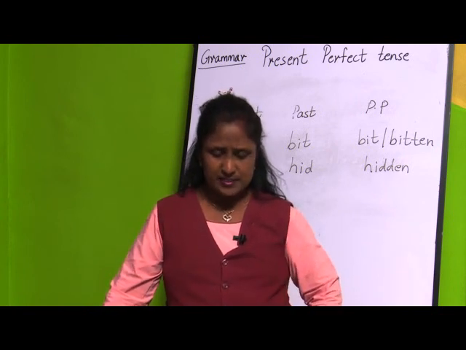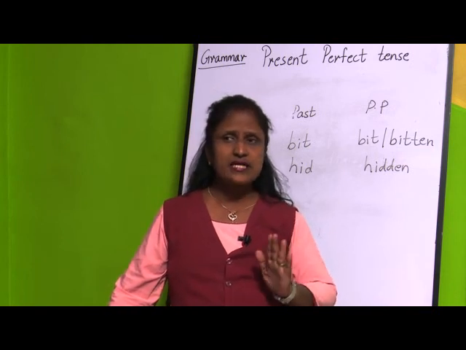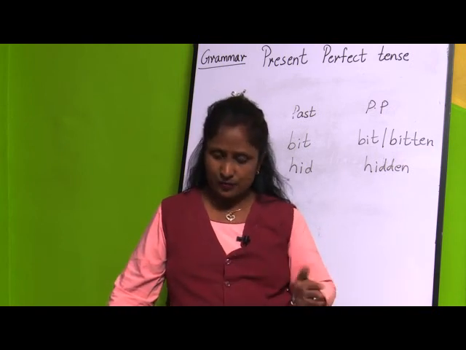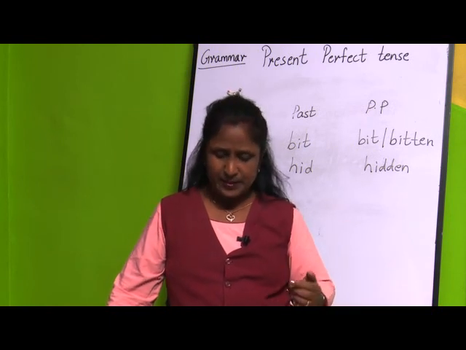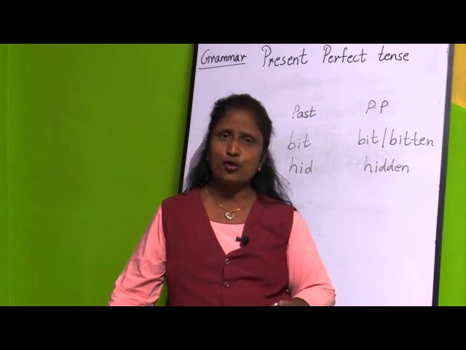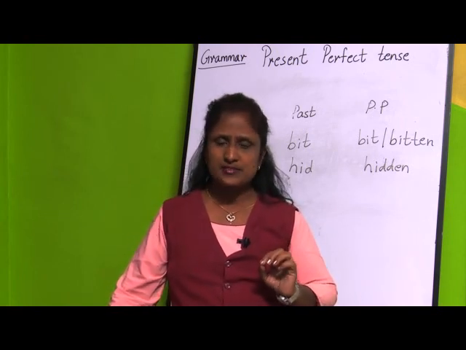So, what is past participle? It is a verb which comes along with have or has and creates present perfect tense or past perfect tense. Also, they are used to modify nouns, and mostly we add ed for the past participle.